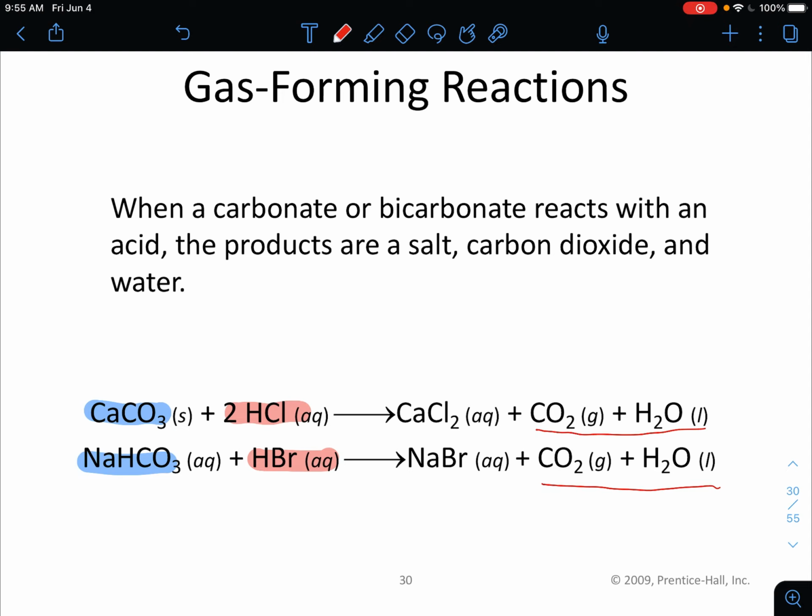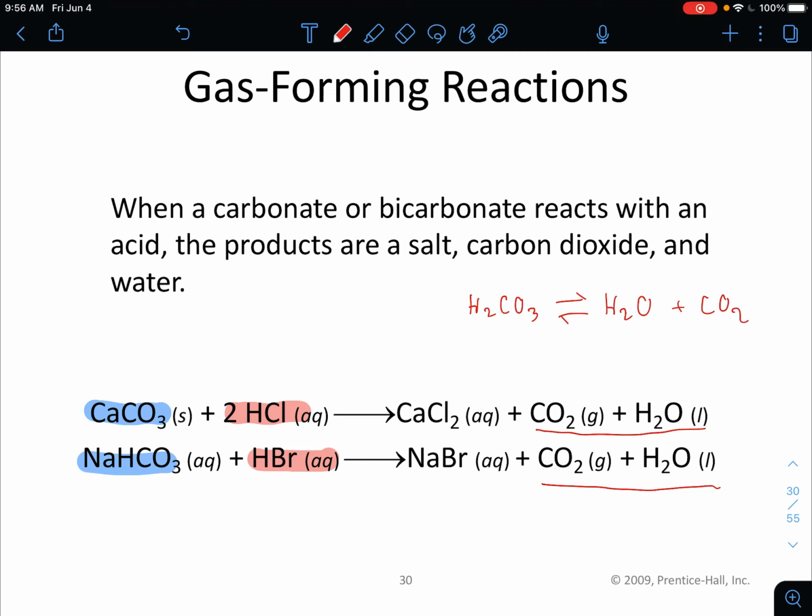And what typically happens here is we end up forming carbonic acid if we follow through with things pairing up through the reaction. And carbonic acid is going to break down to form water and carbon dioxide.